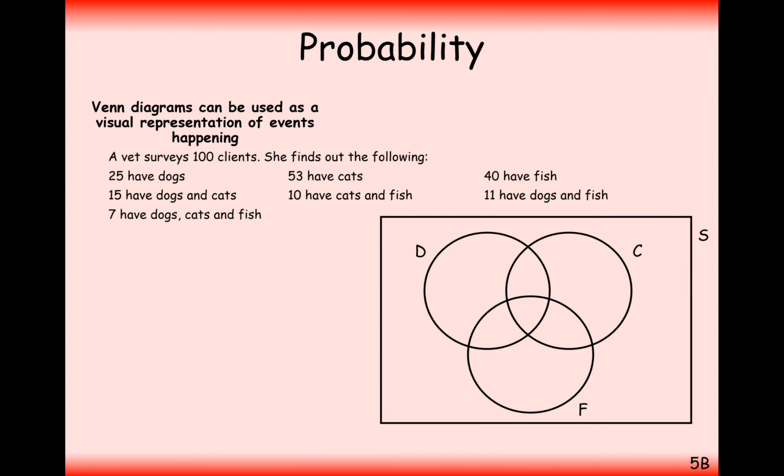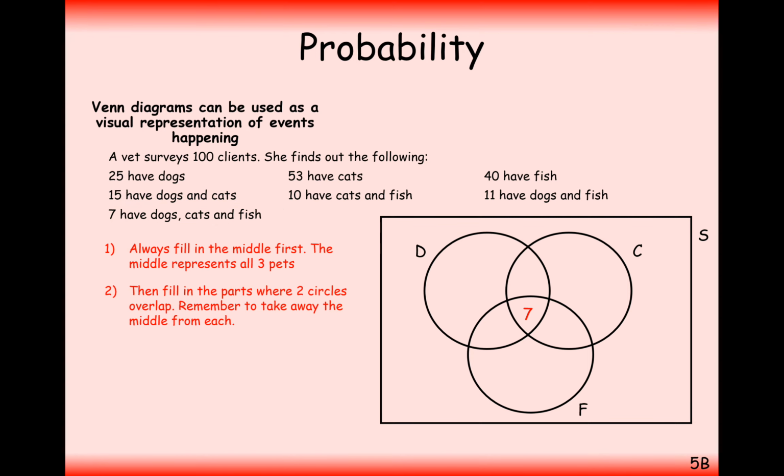So we have 100 vet clients, 25 have dogs, 53 cats, 40 have fish, 15 have dogs and cats, 10 have cats and fish, 11 have dogs and fish, 7 have dogs, cats and fish. So the first part of this diagram we fill in is the seven people who own all 3 pets, the dogs, cats and fish. So 7 people are in the centre point of that Venn diagram here.